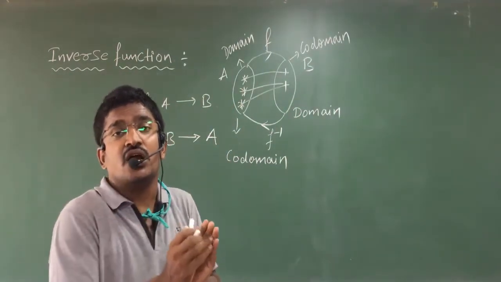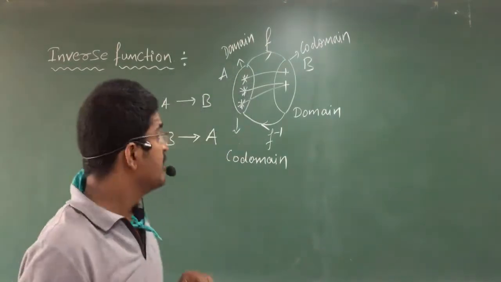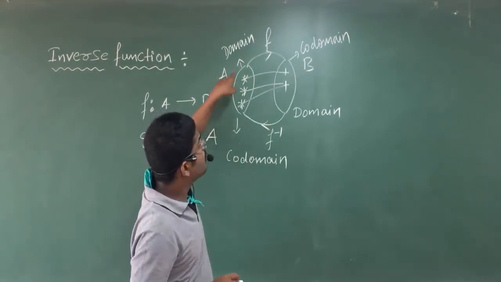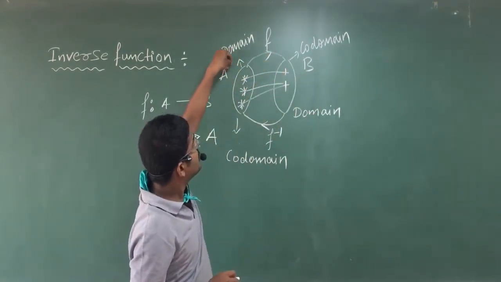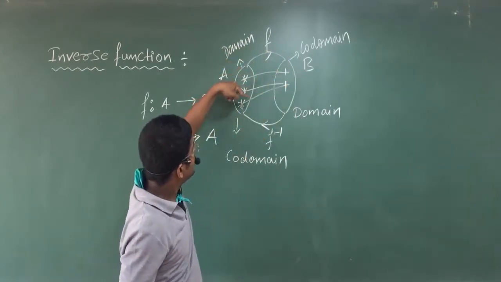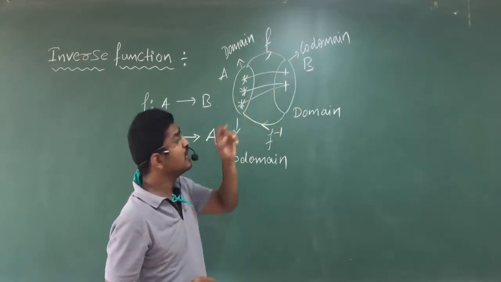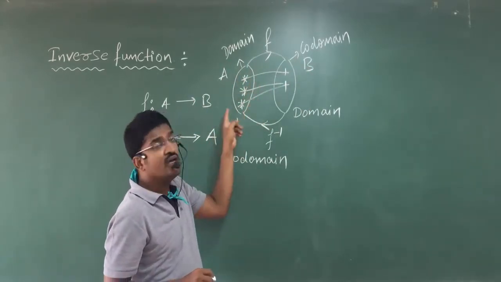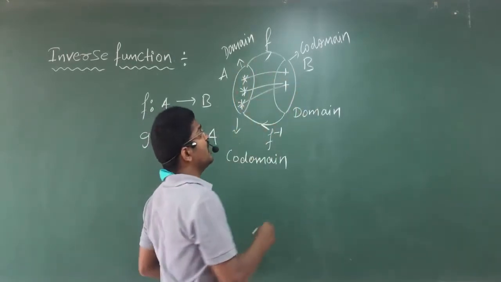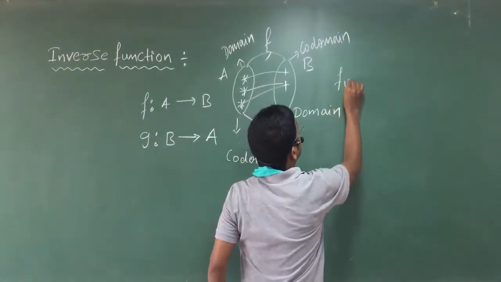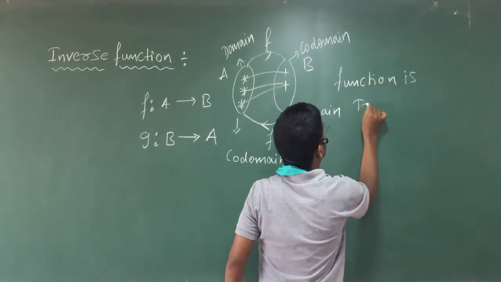First let us check, is it going to be an inverse or not? First let us go from f, that is from A to B. See here, from A to B, every element is having unique images. So that's why function is true.